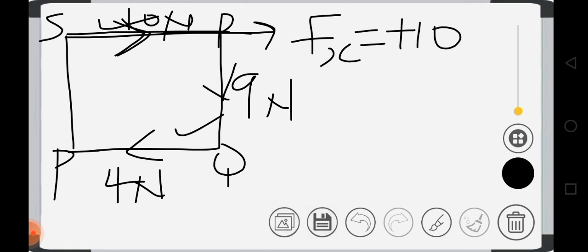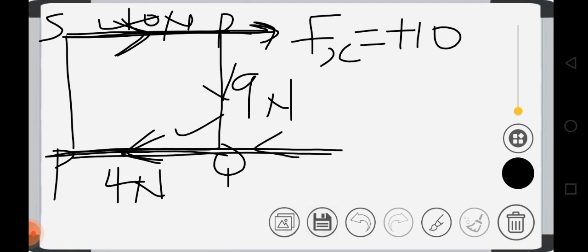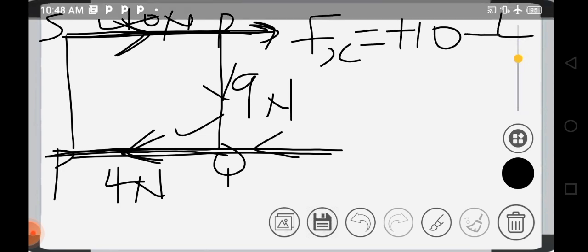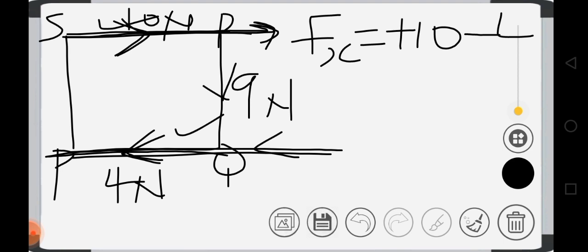Don't multiply with any angle because it's already moving along the x axis. This one is also along the x axis, but it's going backward to the left. That will be minus 4. 10 minus 4 is equal to what? 6 newtons. So this is the x component.